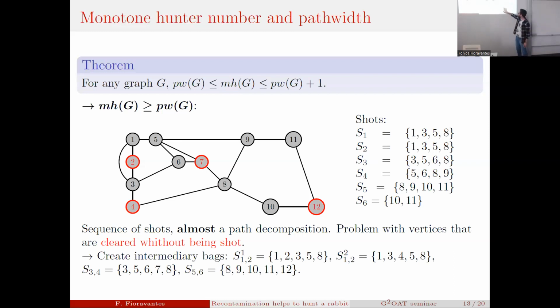Then we put exactly S1 plus the vertex 4, and then we go to S2. And it is a bit technical to prove that this is indeed a path decomposition, but I think it's believable.